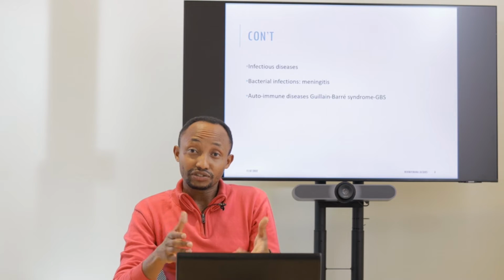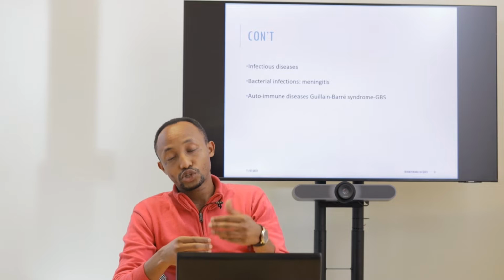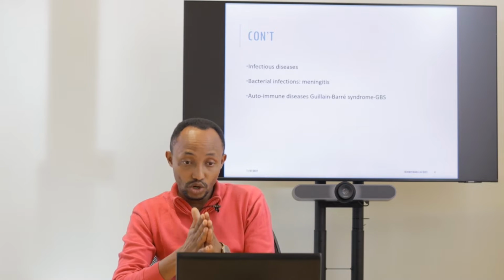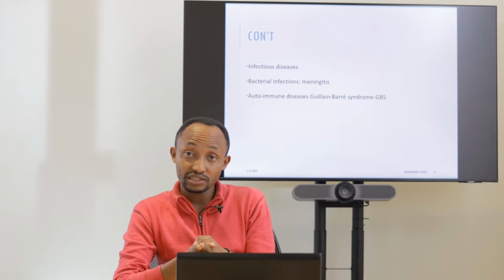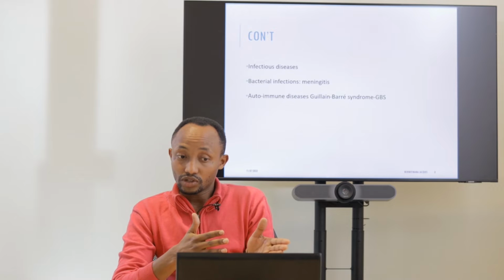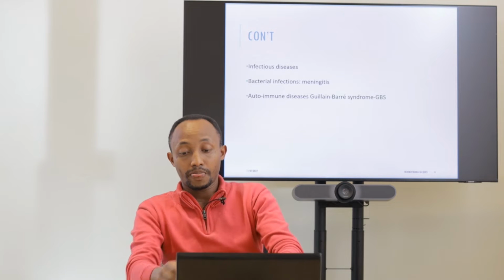And when the myelin sheath is broken down, we have a slowness of nerve impulse. So one of the examples is a common disease we call GBS, or Guillain-Barré syndrome. It is an autoimmune disease.